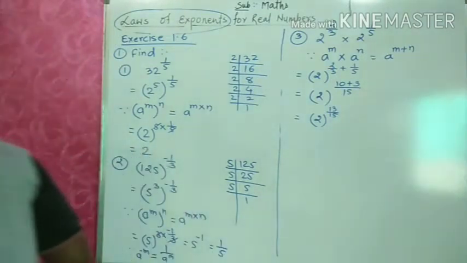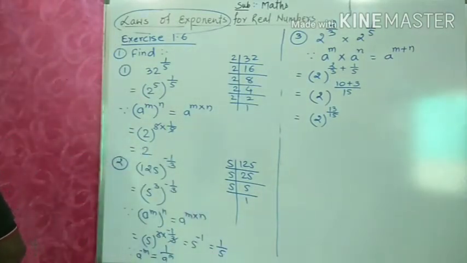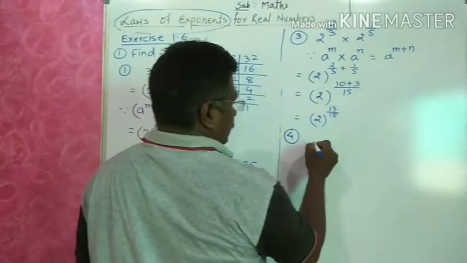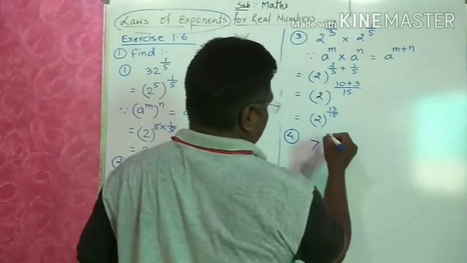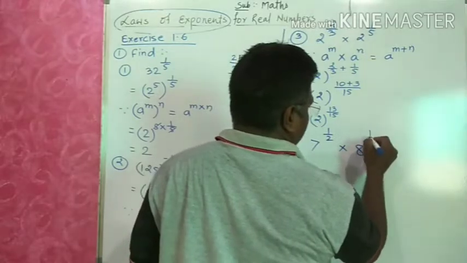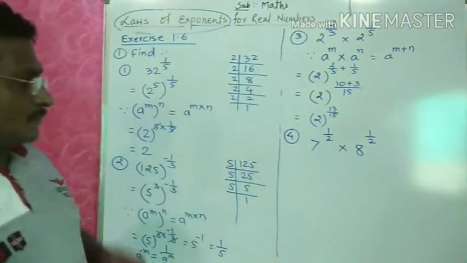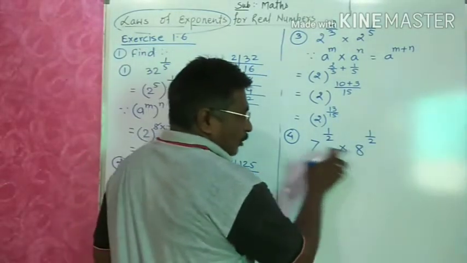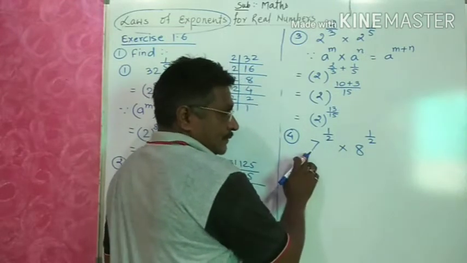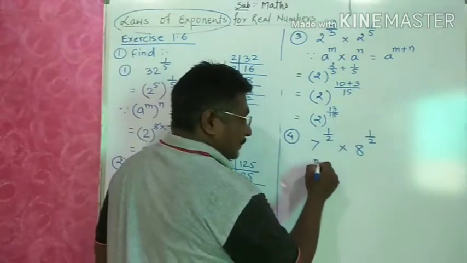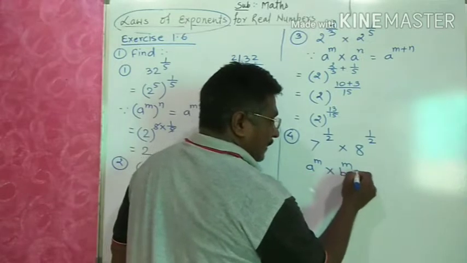So another question. Seven raised to the power 1 by 2 into 8 raised to the power 1 by 2. In this question, see, bases are not the same, but powers are the same. One law is there: a raised to the power m into b raised to the power m.